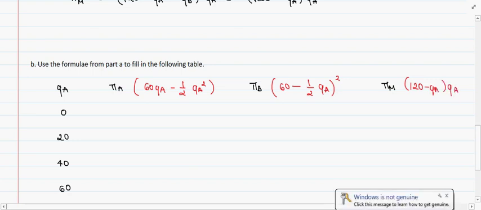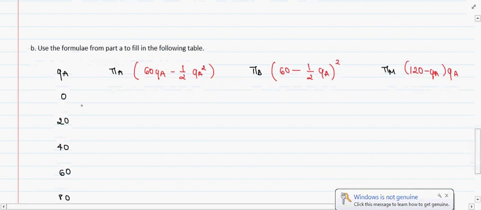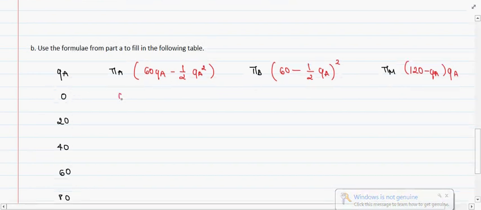Okay, so I got the formula for each profit. Now I just have to substitute the value QA in. So QA equal to 0, the profit is going to be equal to 0. The profit over here for firm B is going to be 60, and the profit for the monopoly again is just going to be 0.